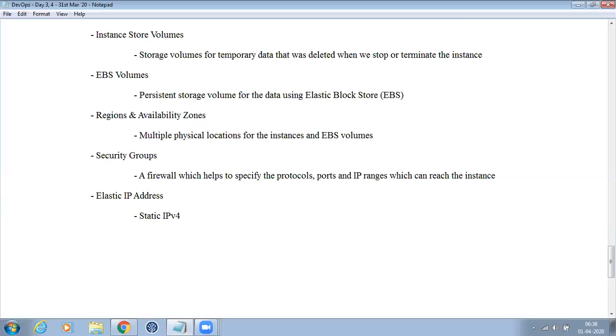There is IPv4, IPv6. It's a different categorization in networking. So just try to understand, right? Static IPv4 addresses for dynamic cloud computing.